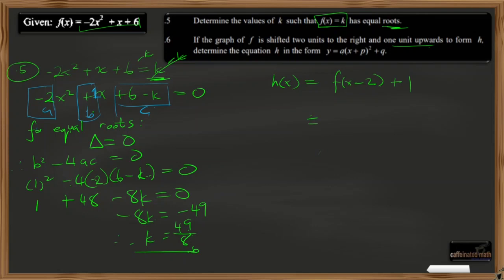So how do we deal with this then? Well, if we have a look at our turning point for f, it's going to be minus 2. And then we have x minus 1 over 4, not 1 over 2, minus 1 over 4, but then we need to go further 2 units more to the right. So that takes care of that.